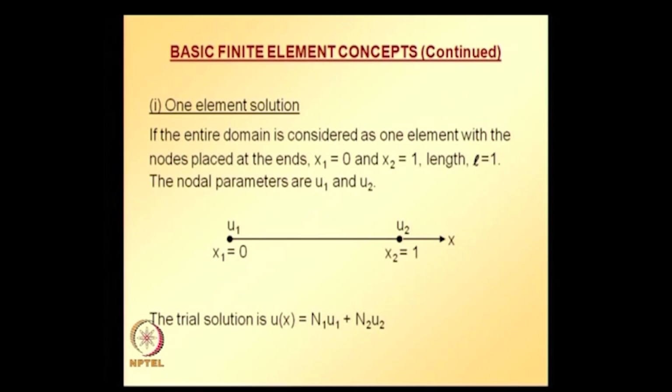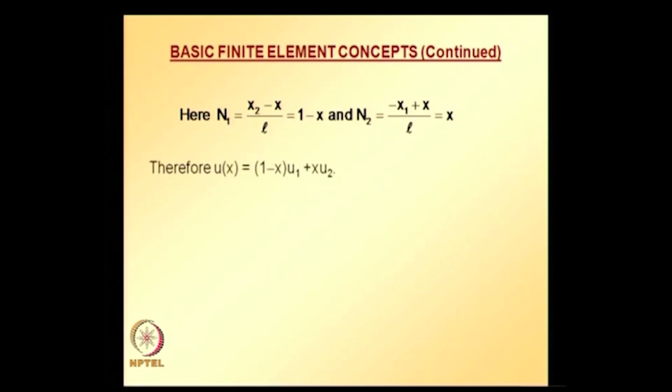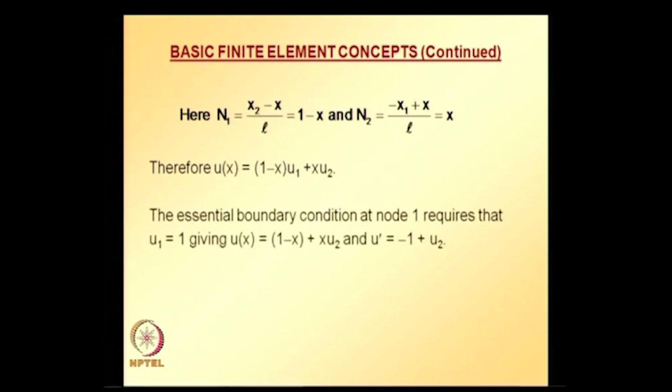And also, the essential boundary condition is prescribed for this problem: u evaluated at x equal to 0 is 1. So, substituting the nodal coordinates into N1 and N2, the trial solution becomes this. The essential boundary condition at node 1 requires u1 equal to 1.